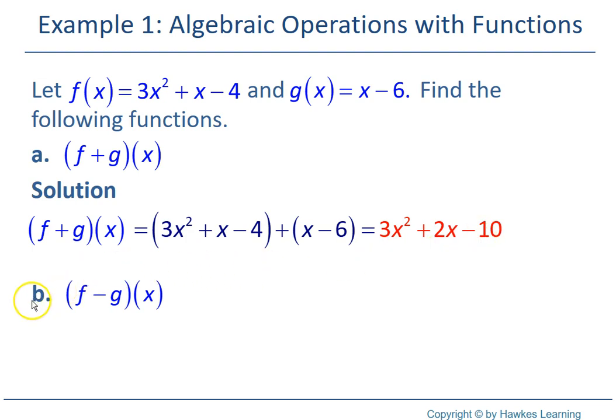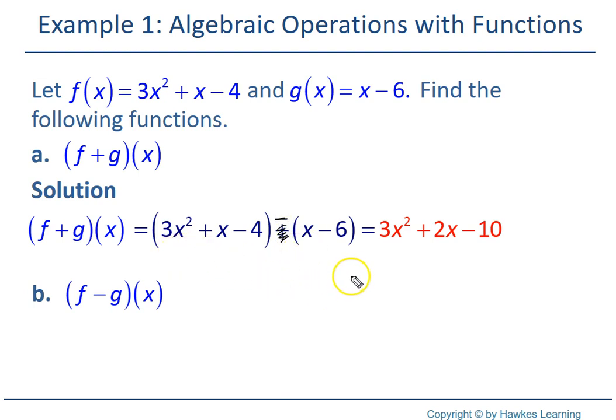Now, for letter B, they're asking us to subtract. So we can use a similar protocol, but we have to be careful because now, over here, instead of being plus, this is going to be minus.